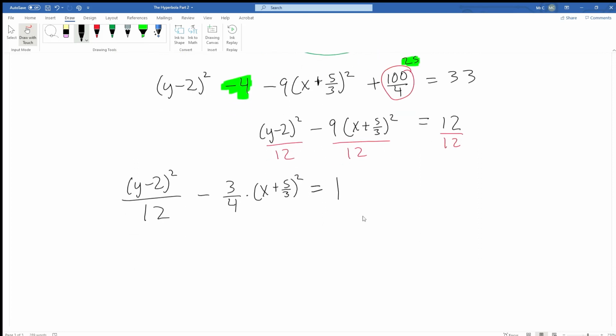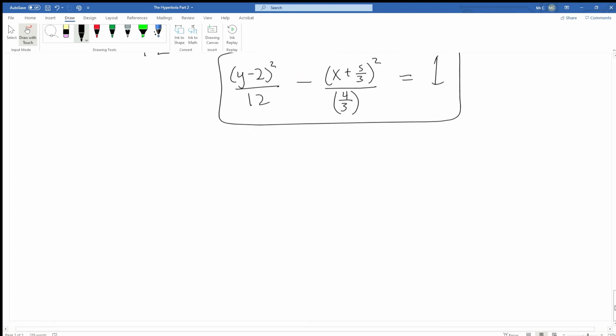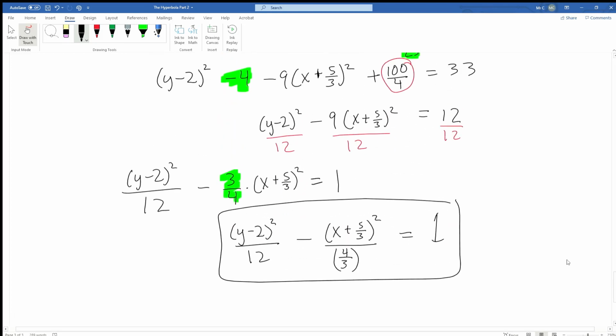The only problem I have here is that I'm multiplying by 3/4 instead of dividing, so I'll finish this problem up by just rewriting this slightly as minus x plus 5/3 squared divided by 4/3 instead of multiplying by 3/4, and the whole thing equals 1. So this would be our equation for the hyperbola. I think that's a reasonably challenging problem. The algebra is a little bit tough in that one. All right, well that's it for hyperbolas, and thank you for watching.